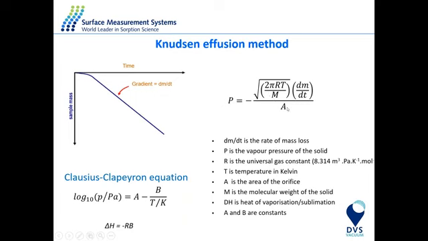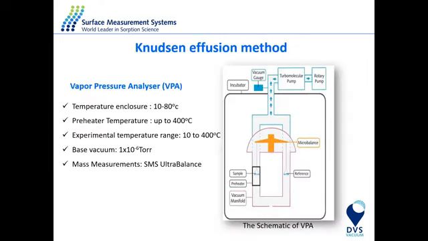We also need the surface area of the orifice, and the dm/dt value, or the evaporation rate, which is obtained from these thermogravimetric measurements at different temperatures. The dm/dt value is obtained for at least 5 different temperatures, and during these measurements we obtain linear mass loss, and then we feed that value here, and we automatically calculate the vapor pressure of the solid at the experimental temperature.